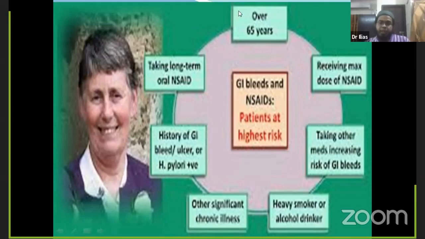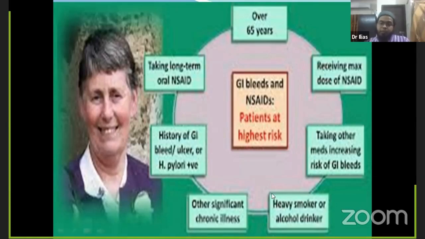bleeding. If the patient is more than 65 years of age, or is taking a long-term oral NSAID, or has any previous history of GI bleeding, or any previous ulcer or H. pylori infection, in these cases the patient will have some chance of GI bleeding.